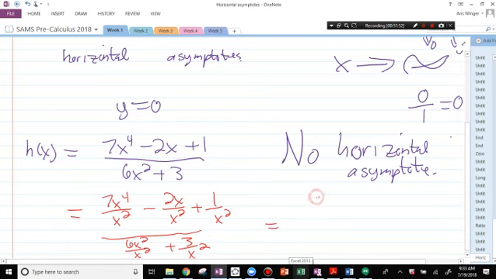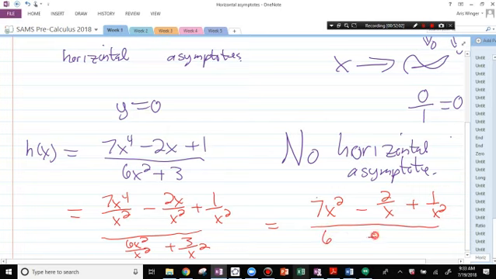This is equal to 7x squared minus 2 over x plus 1 over x squared, over 6 plus 3 over x squared. And when you start to think about what vanishes, again, these three things go away, being numbers that are divided by powers that are getting huge.